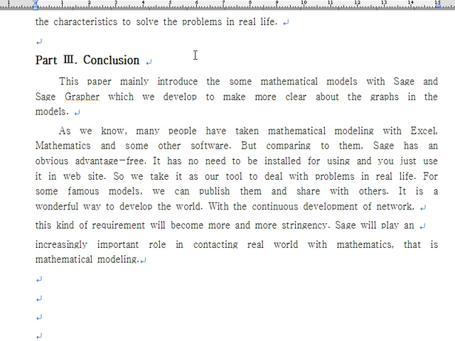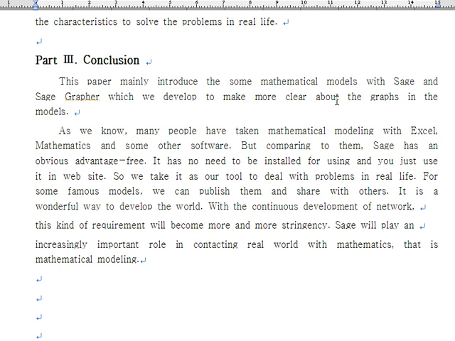In part 3, we get the conclusions. This paper mainly introduced some mathematical models with Sage and the graphs we derived to make the models clearer. Many people have done mathematical modeling with Excel, Mathematica, Maple and other software.